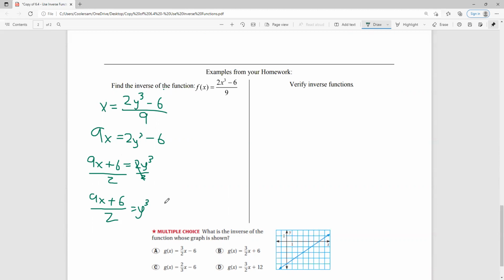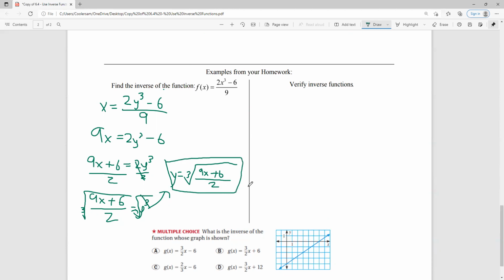And then from there, you can cube root both sides, to the power of 1/3 and that'll undo that. So you'll just have y equals the cube root of (9x plus 6) over 2. There you go.